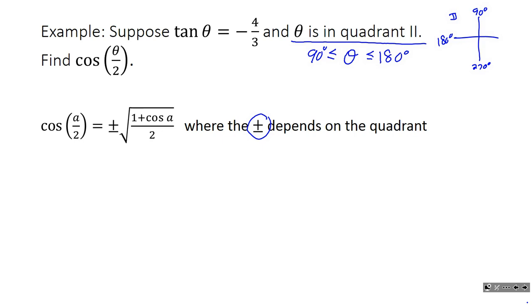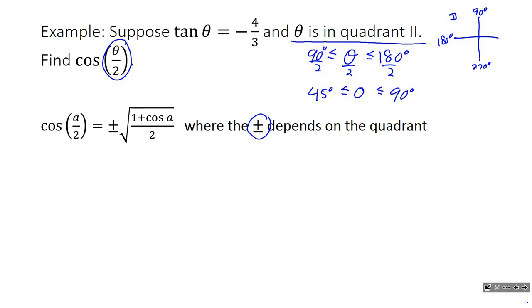Okay? Now, what makes this very helpful is let's take that theta and now divide it by 2. Theta divided by 2 will be in between 45 and 90. What quadrant will that be in?